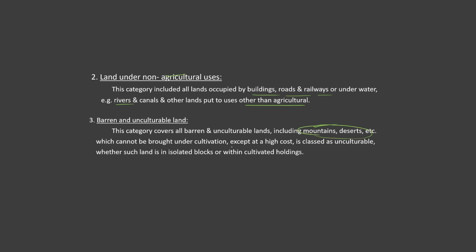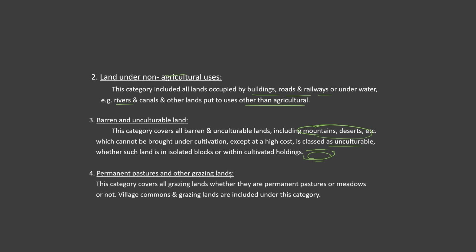Land which cannot be brought under cultivation except at a high cost is classed as unculturable land, whether such land is in isolated blocks or within cultivated holdings. These areas could be within cultivated areas, for example, the cultivated area with surroundings of mountains or deserts. So these are all considered as unculturable areas and come under the definition of land.